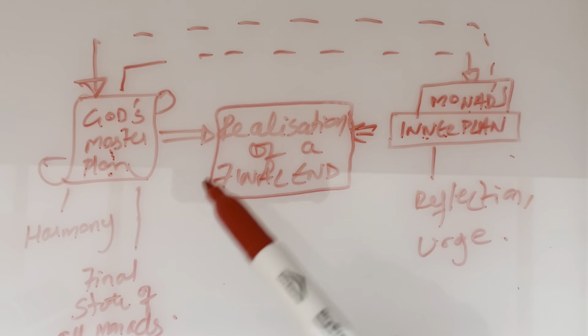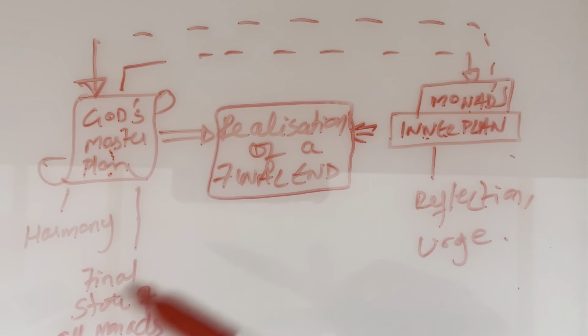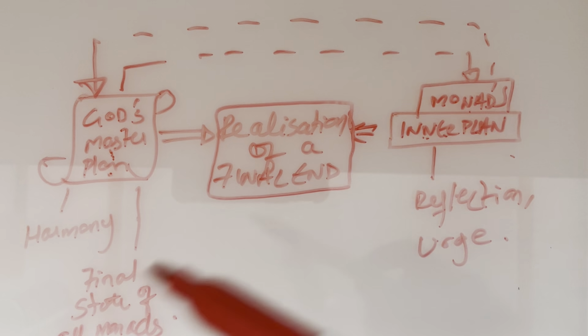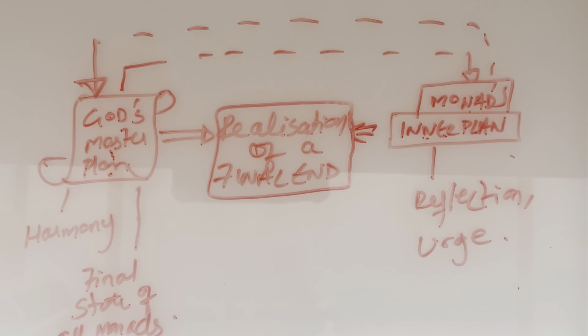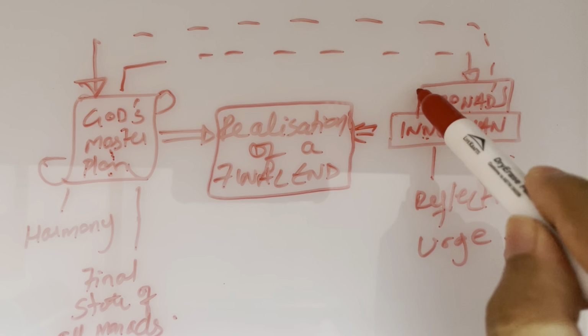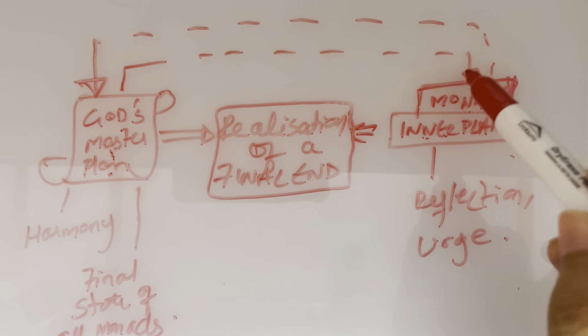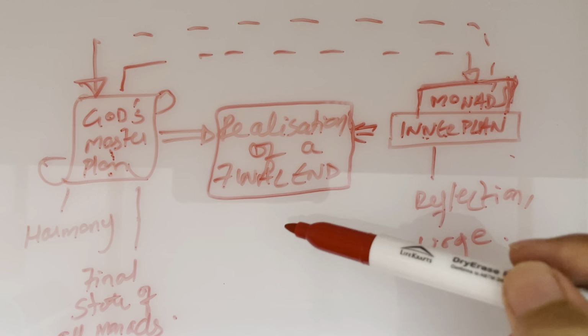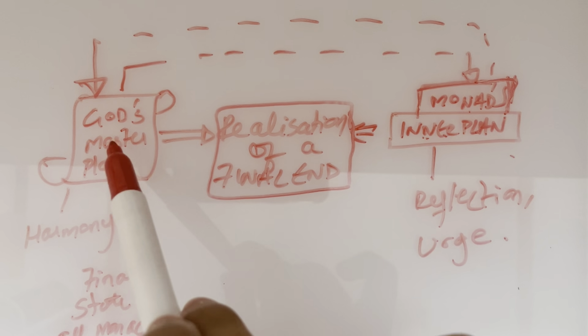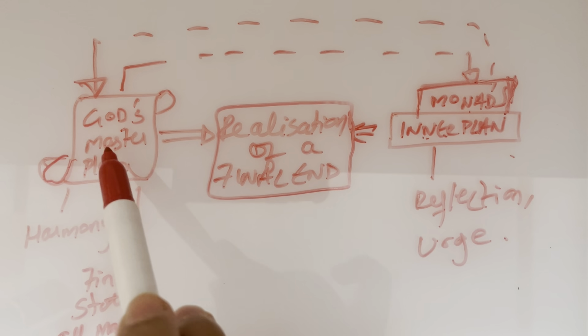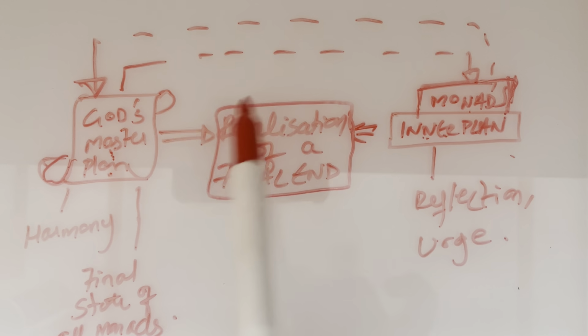Every monad is independent, windowless, self-contained, self-determined, a reflection of the universe, qualitatively same or similar, dictated by the thought of action, as we have seen in appetition and so on. And the God monad is also ultimately a type of monad. So the interaction is only apparent.